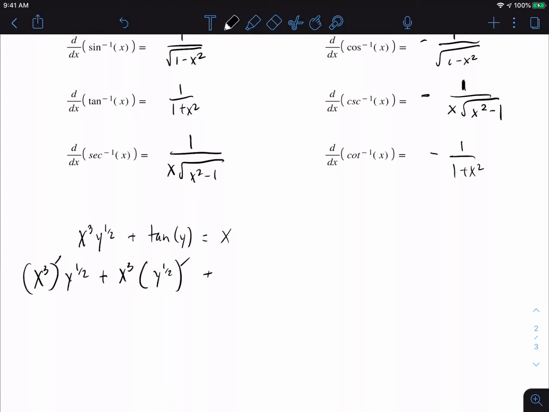Then the derivative of tangent should be secant squared y, but then I need my dy dx because of the chain rule, right? And then the derivative of x is 1. Are we in agreement so far?